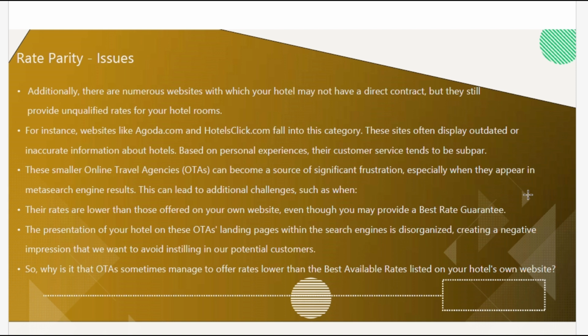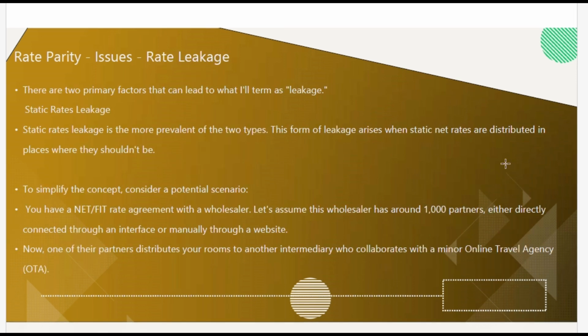So why is it that OTAs sometimes manage to offer rates lower than the best available rates listed on our own hotel website? Within rate parity issues, we have something we call rate leakage, which is how these rates are being leaked. There are two primary factors that can lead to what we call leakage.